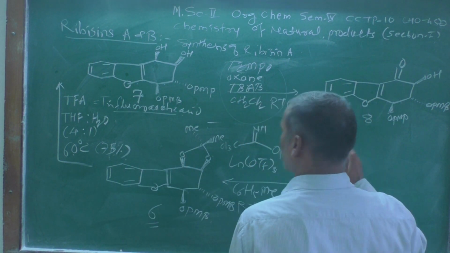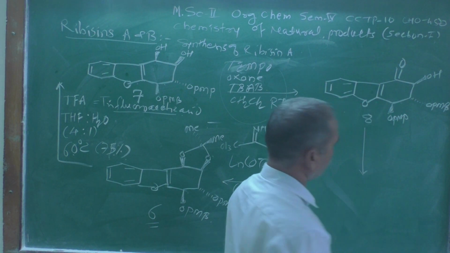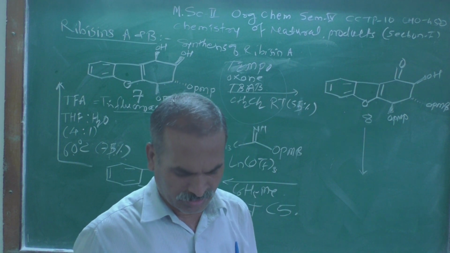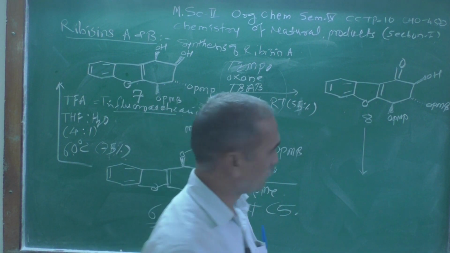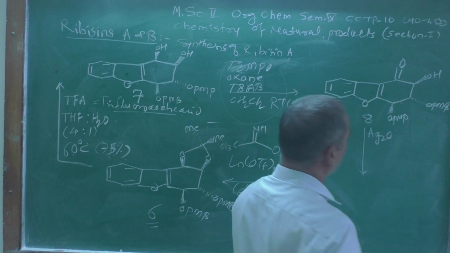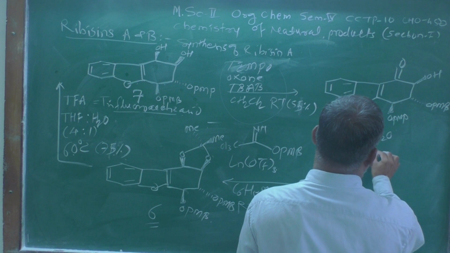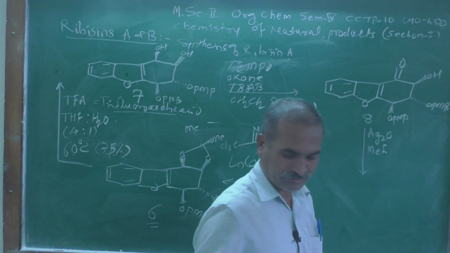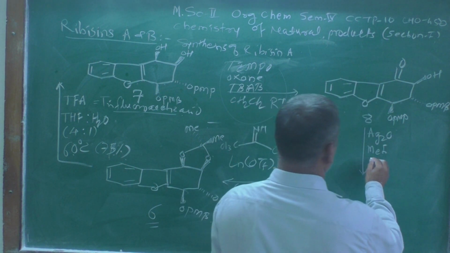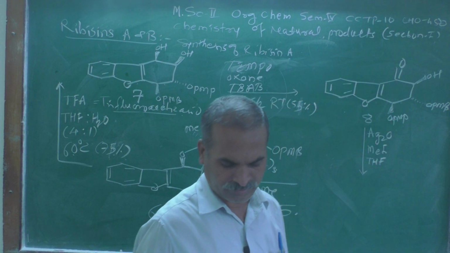Now this is structure number 8, and that structure number 8 is further treated with reagents like Ag2O, silver oxide, and then methyl iodide, with THF solvent used over here.